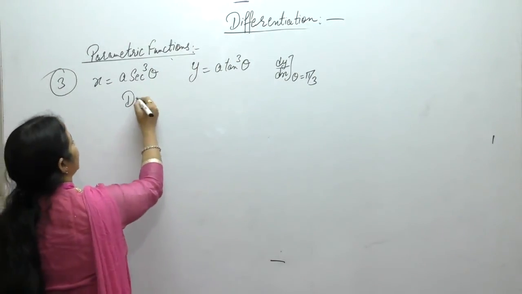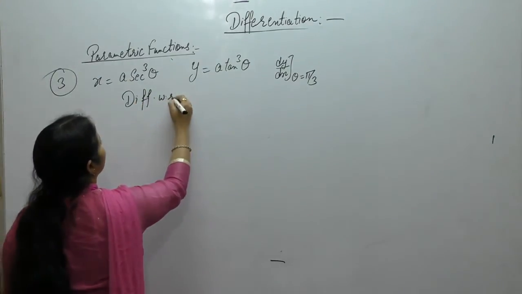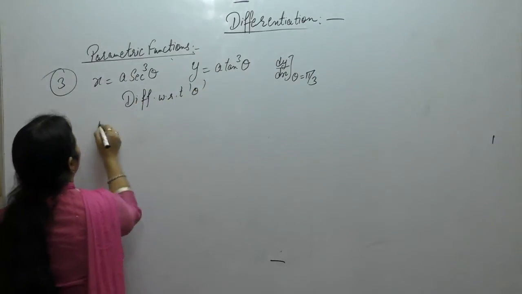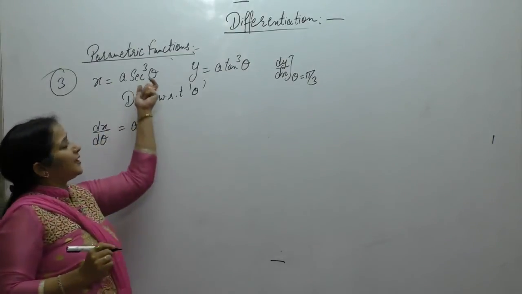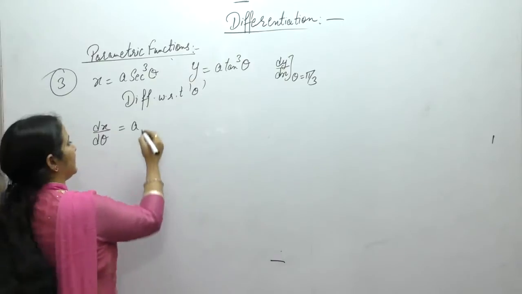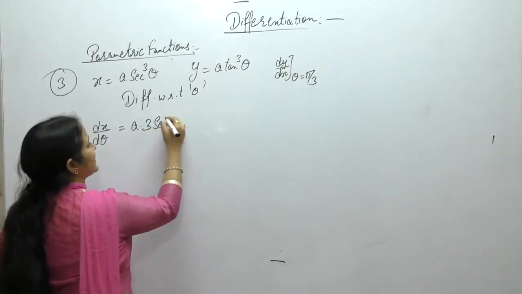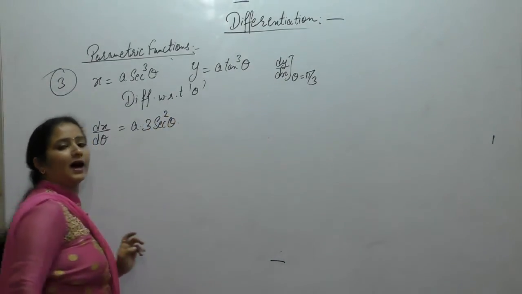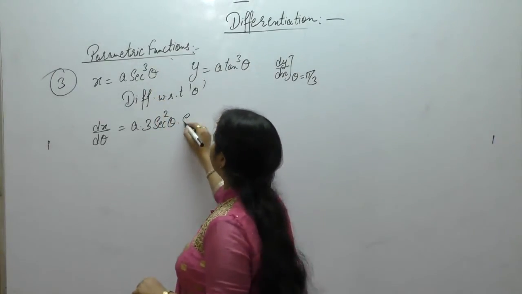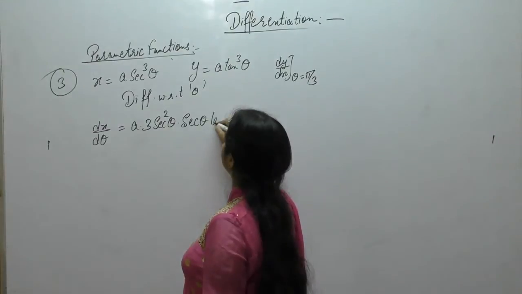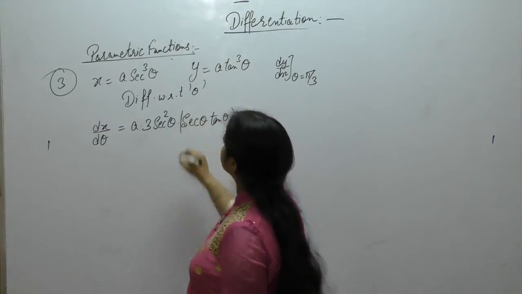So differentiate x and y with respect to theta. What we get? Dx by d theta, a sec cube theta, derivative of this is 3 sec square theta. After that, derivative of sec theta is sec theta tan theta.